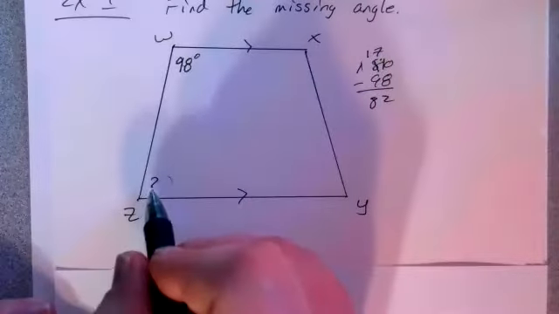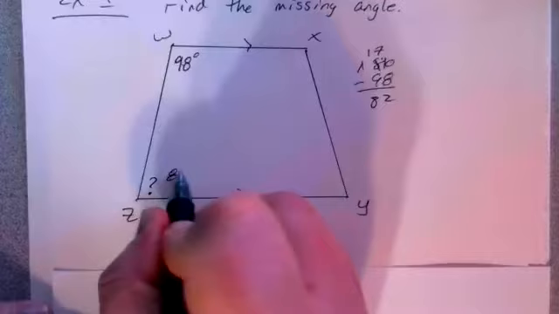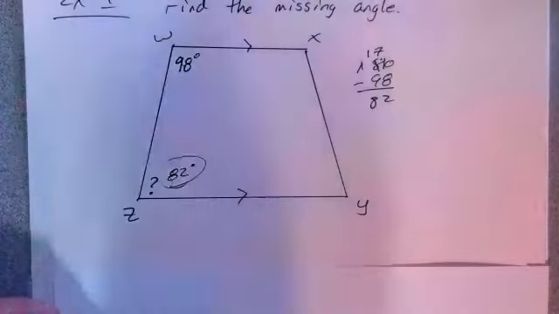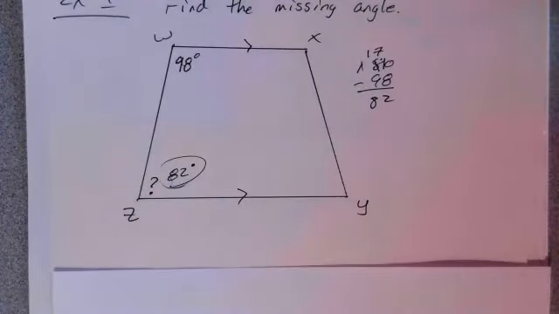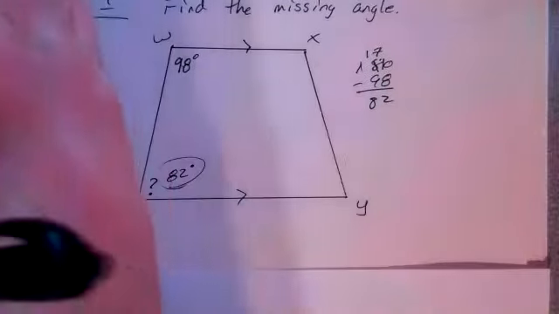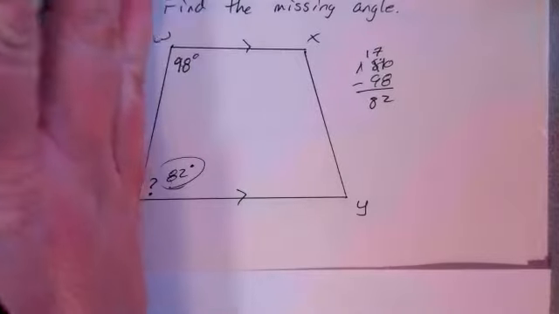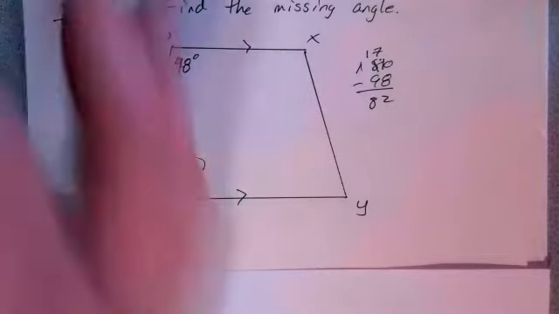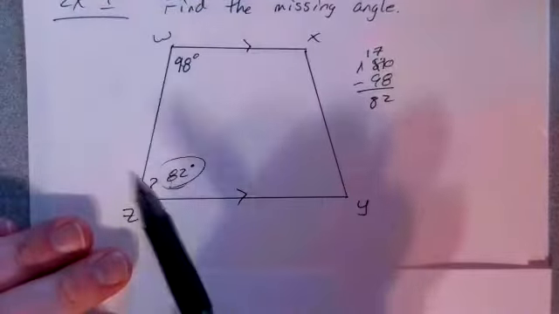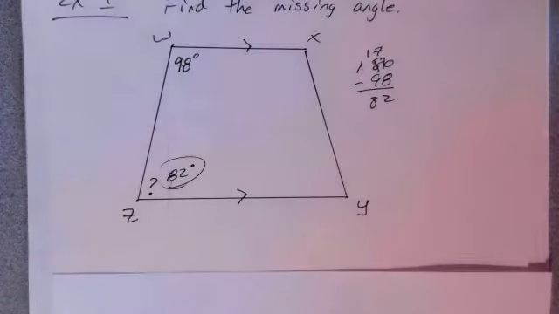All right, so that means that this angle here is 82 degrees. And that makes sense, right? Because it's a little bit less than 90. So we know that this one is acute, whereas this one's more obtuse.